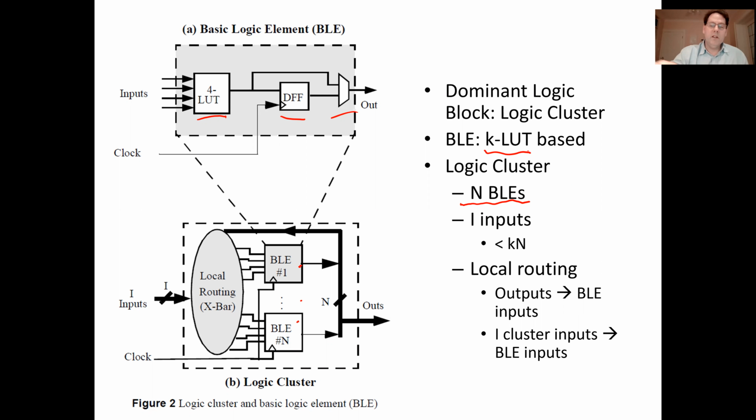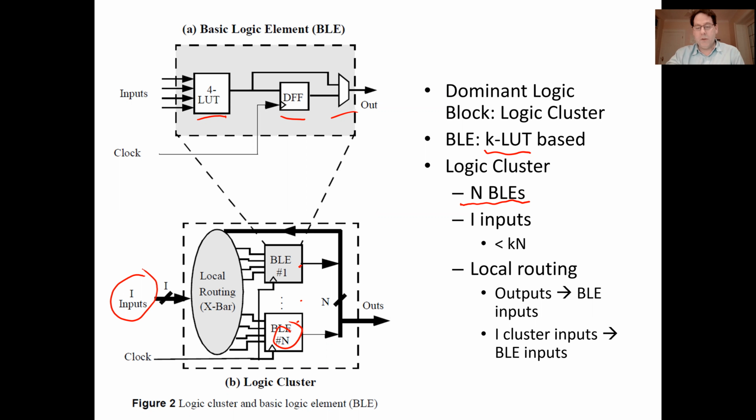Standard notation for how big the lookup table is: k, for the number of inputs. Again, we talked about this a couple of weeks ago. The key parameters of these logic clusters are, one, how many BLEs you put in them, n. Another is how many inputs you bring in from the outside world, I. Now if we ignore the clock, we would never need more inputs than k times n, because we have n BLEs, each with a lookup table with k inputs.